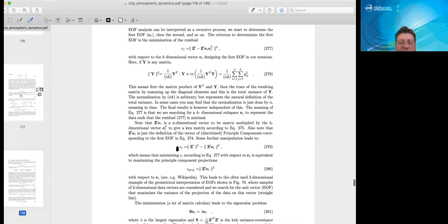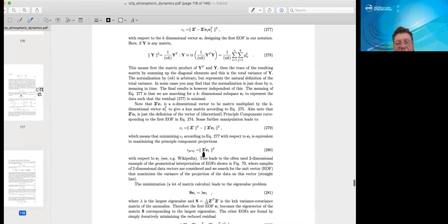You can show that this is also equal to minimizing that square minus that square applied to E1. And since we are varying with respect to the EOF vector, that is independent of this. So minimizing this also means maximizing this quantity here with respect to E1.